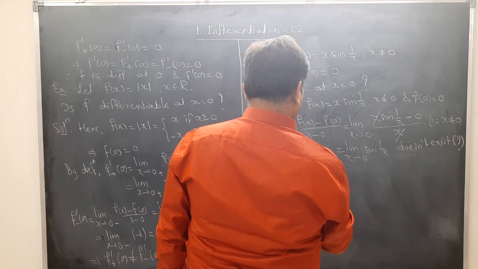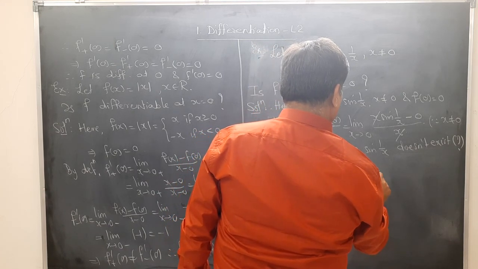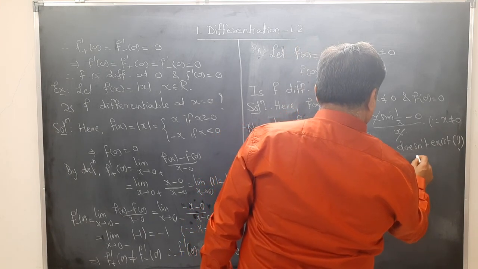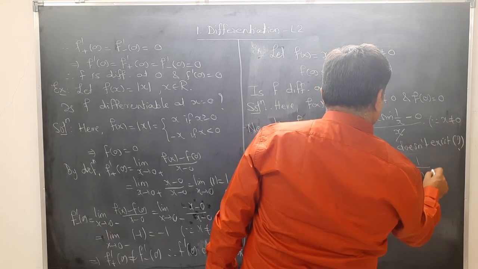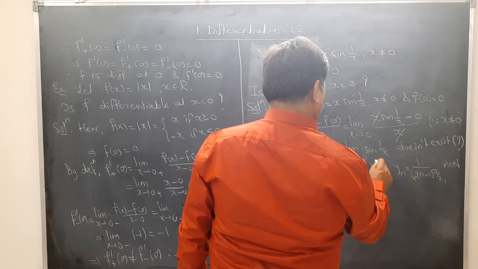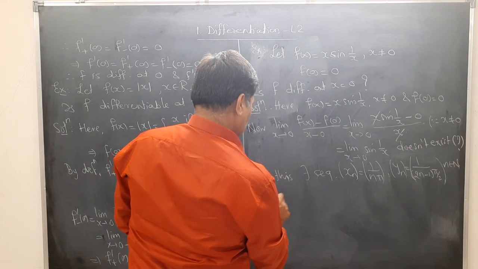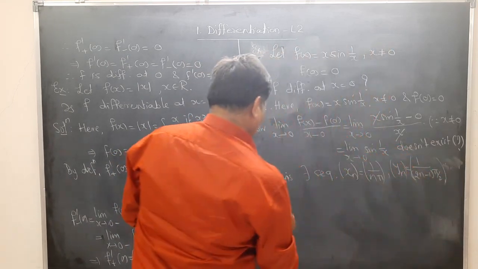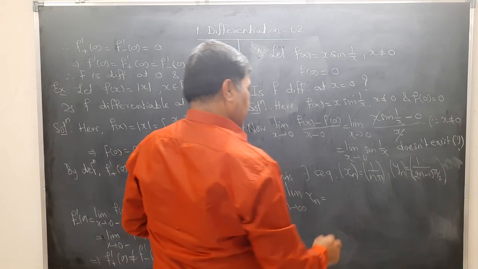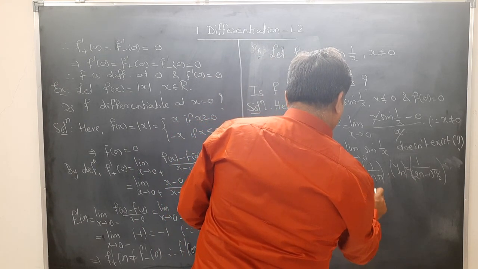So for this, there exist sequences, say xn is equal to 1 upon n pi and yn is equal to 1 upon (2n minus 1) pi by 2, n belongs to N, such that the limit as n tends to infinity of xn is equal to 0, which is equal to the limit of yn.